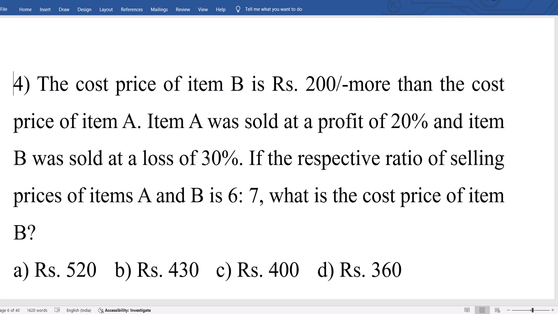Cost price of item B is 200 more than the cost price of item A. A was sold at 20% profit, B was sold at a loss of 30%. If the respective selling prices of A and B are in the ratio 6:7, what is the cost price of B? Not a difficult question, but some new question which we have not discussed earlier. If you know the basics, you can solve the question. That's no doubt.